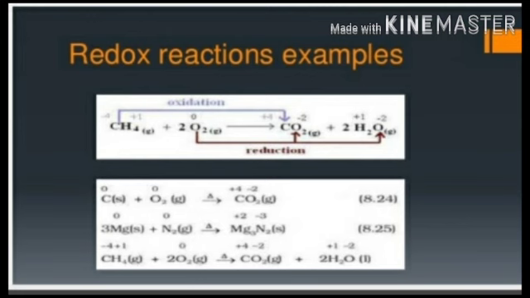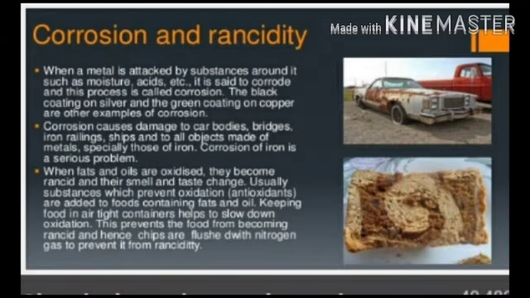Now let us revise the last topic of the chapter, that is corrosion and rancidity. When a metal is attacked by substances around it, such as moisture, acid, etc., it is said to corrode, and the process is called corrosion.